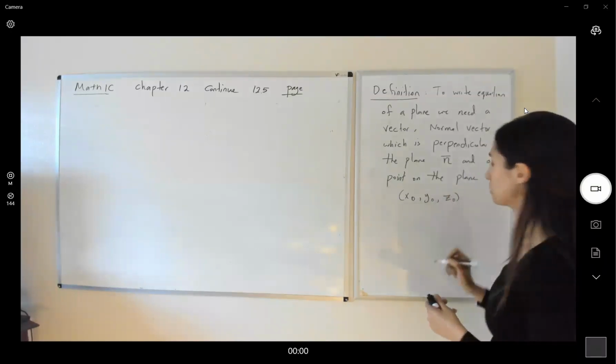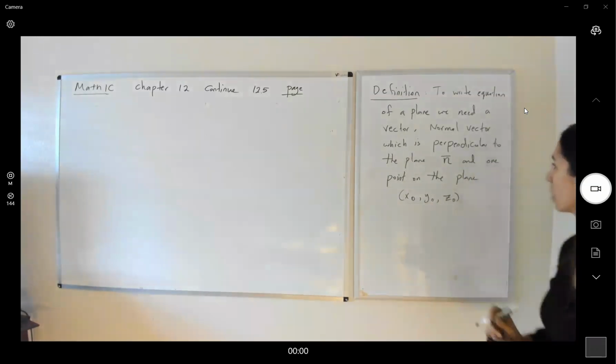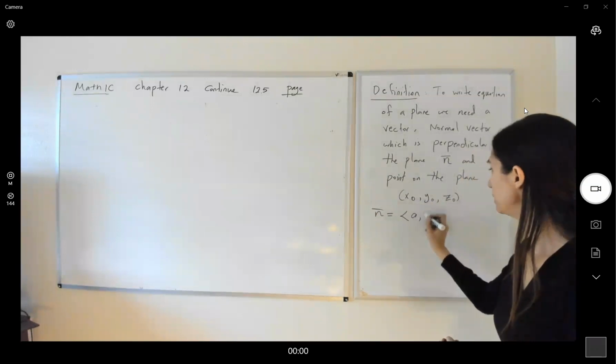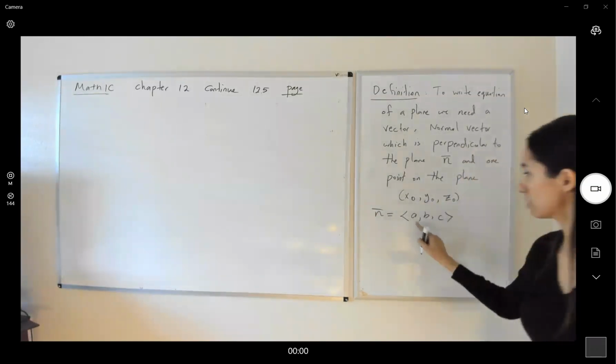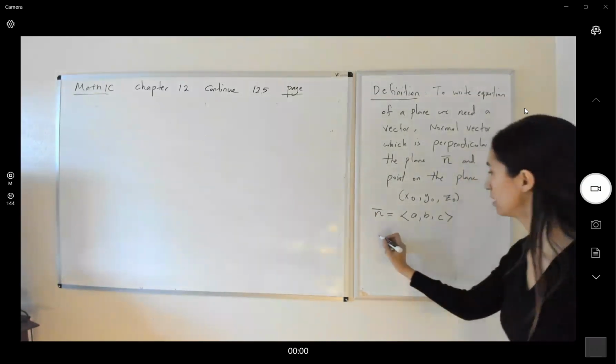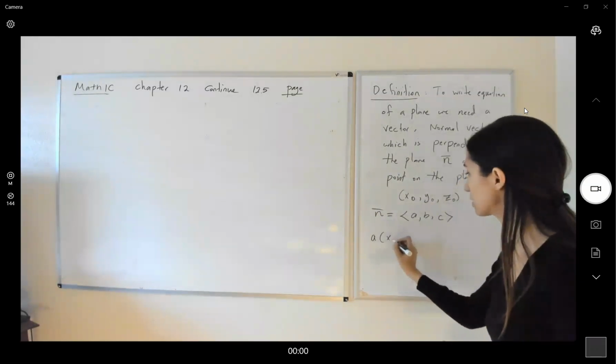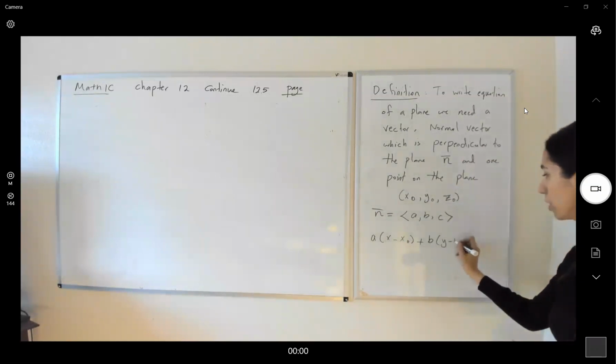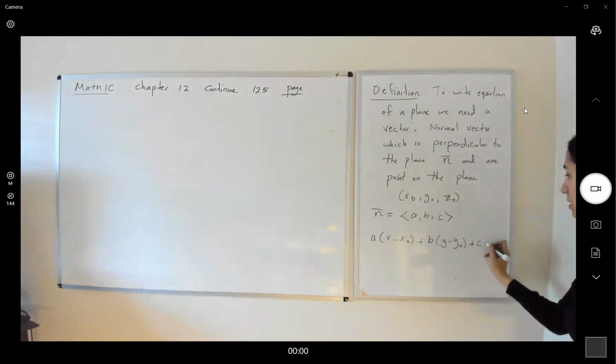The equation of a plane can be written this way. If n is equal to a, b, c, the components of your normal vector, this is a times (x minus x sub 0) plus b times (y minus y sub 0) plus c times (z minus z sub 0) equal to 0.